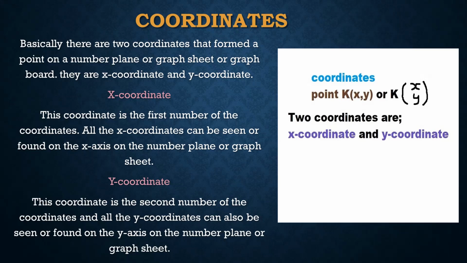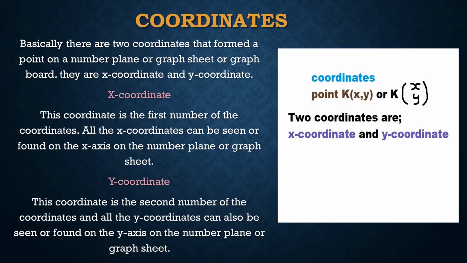When you talk about the y coordinates, the y coordinate is the second number of the coordinates, and all the y coordinates can also be seen or found on the y-axis, or on the vertical line, on the number plane. Okay, good. So the coordinates here, we have the point P formed by x and y, or K here formed by the x and y.